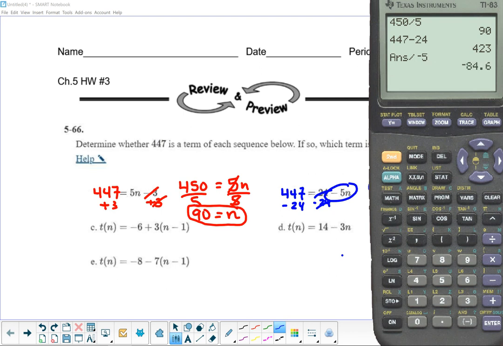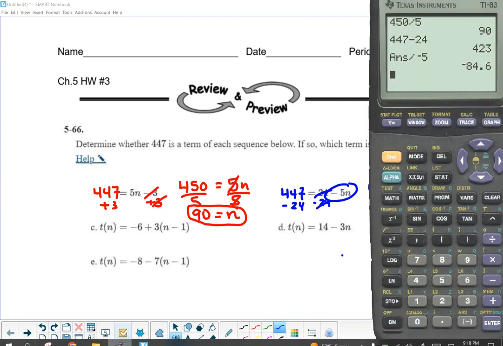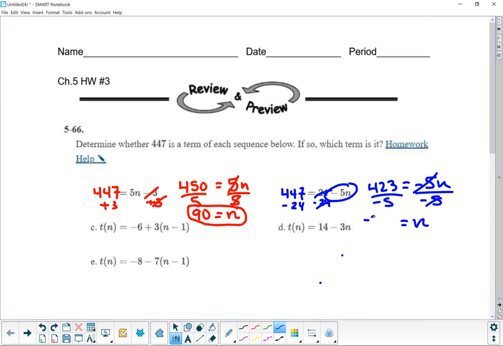So you see how it's negative 84.6? Which means that it does not go in evenly. So for this one, 447 is not a term.